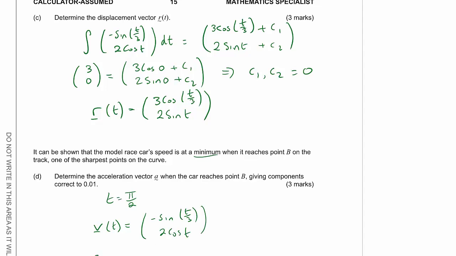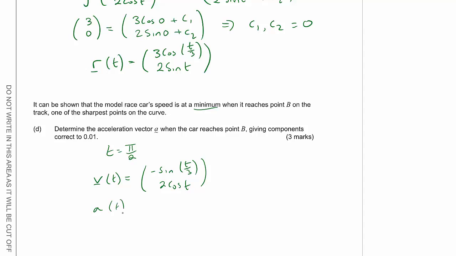So that means the acceleration vector would be sine differentiates to cos, so that's going to be negative cos t on 3 multiplied by the differential of the inside, so we'll just divide that by 3. And cos differentiates to negative sine, so that's negative 2 sine t.